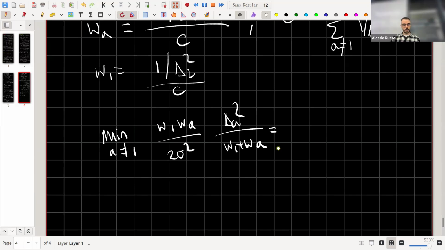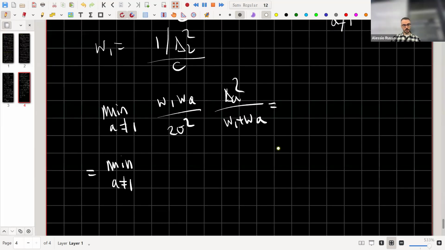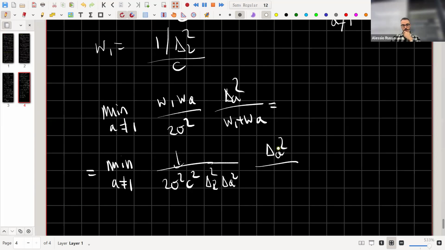So if we plug in those values, what we get is 1 over 2 sigma squared, c squared delta 2 squared delta a squared times delta a squared divided by, here we have W1 plus WA. W1 is 1 over delta 2 squared plus 1 over delta a squared. And here we have C.